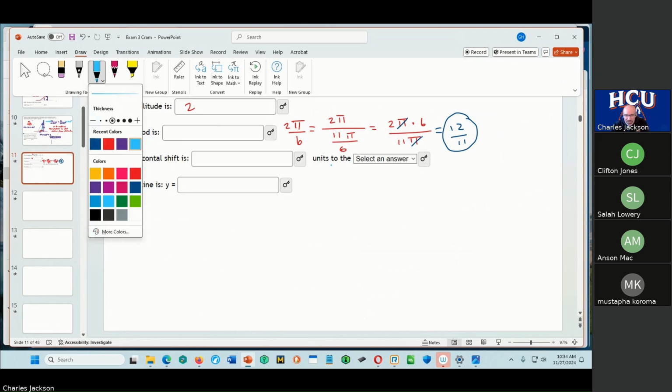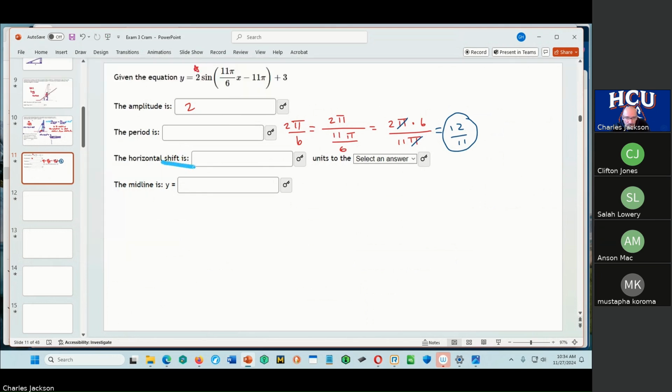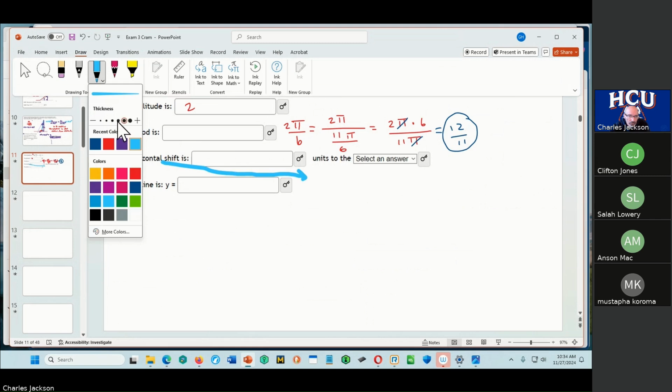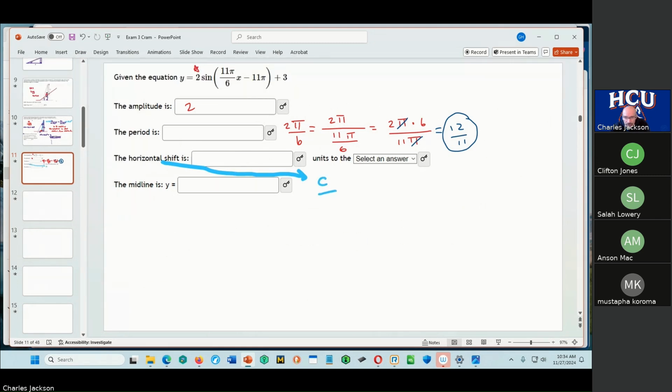Horizontal shift is C over B. C over B. The C is 11 pi, and the B is 11 pi over 6.